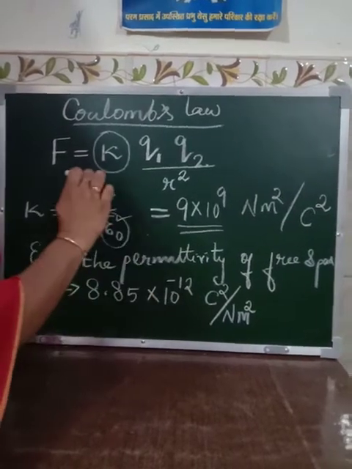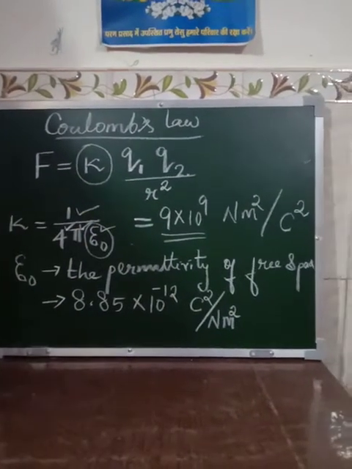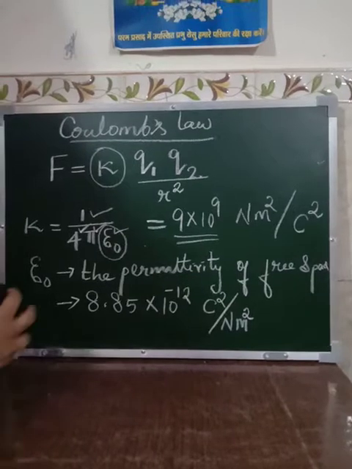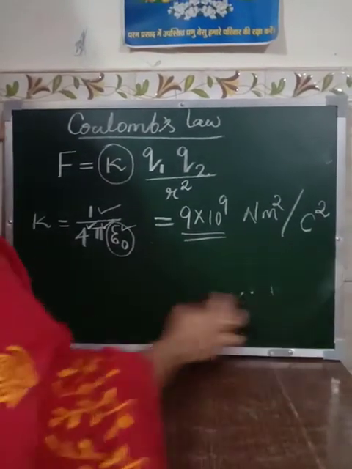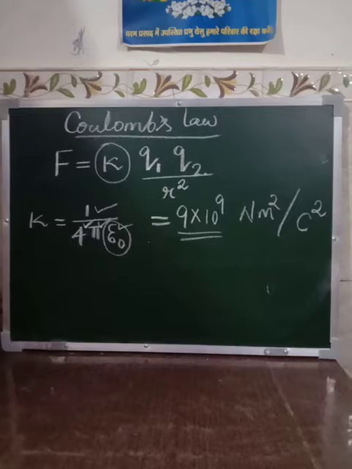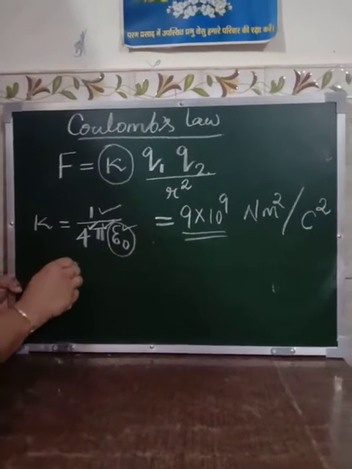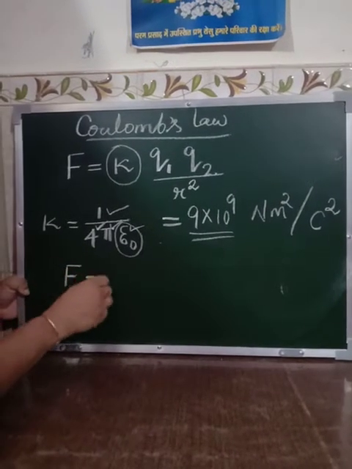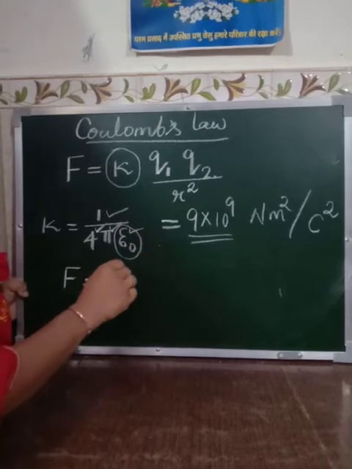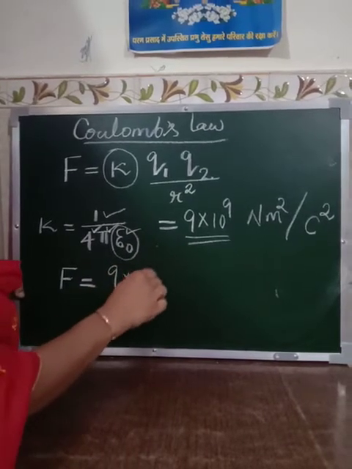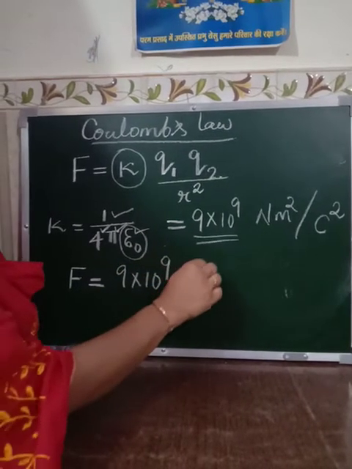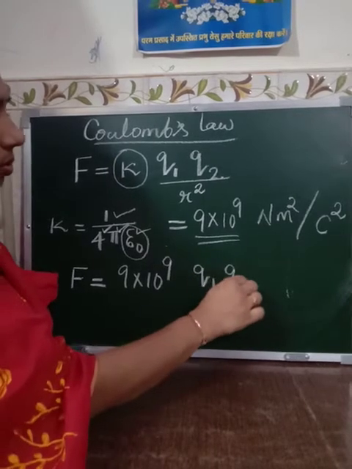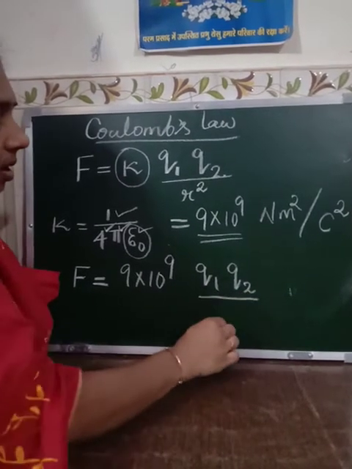Therefore, the equation of force we can express as, after putting the value, F is equal to, in the place of k we write 9 into 10 raised to 9, then Q1 Q2 upon R square.